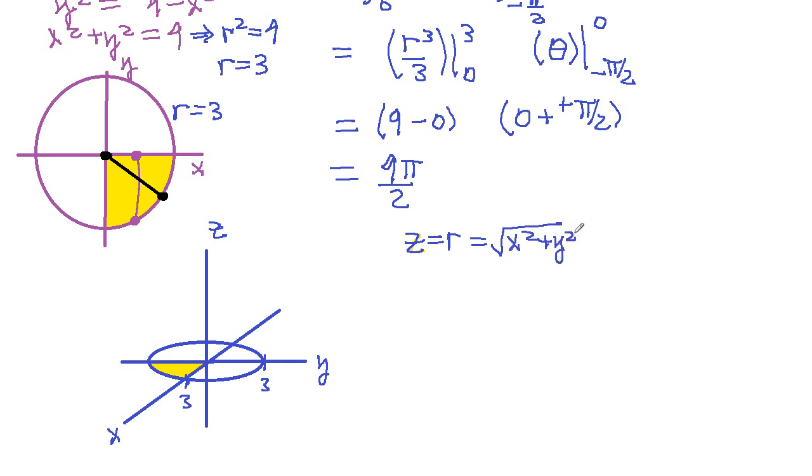And if you look on your quadratic surface sheet, you square both sides, z squared equals x squared plus y squared. That's a cone, and it's along the z-axis here. And in quadratic surfaces, it would be written as x squared plus y squared minus z squared equals 0.